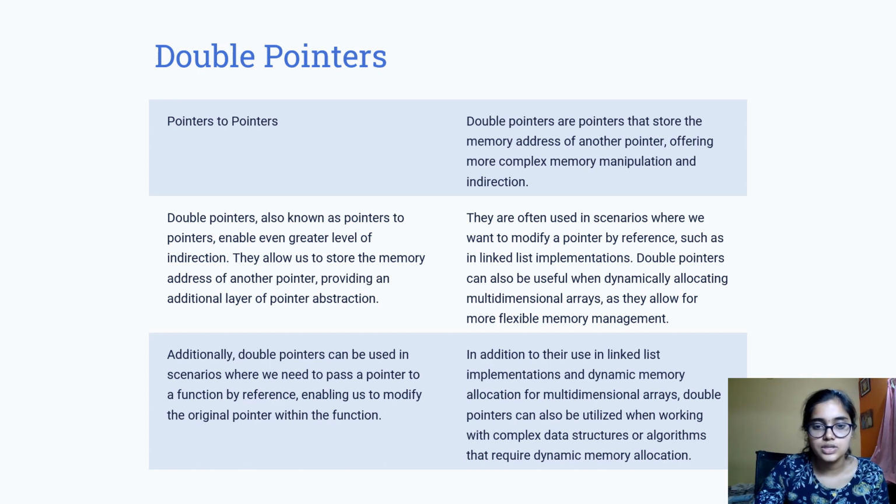Additionally, double pointers can be used where we need to pass a pointer to a function by reference, enabling us to modify the original pointer within the function. In addition to linked lists and multidimensional arrays, double pointers can also be utilized when working with complex data structures or algorithms that require dynamic memory allocation.